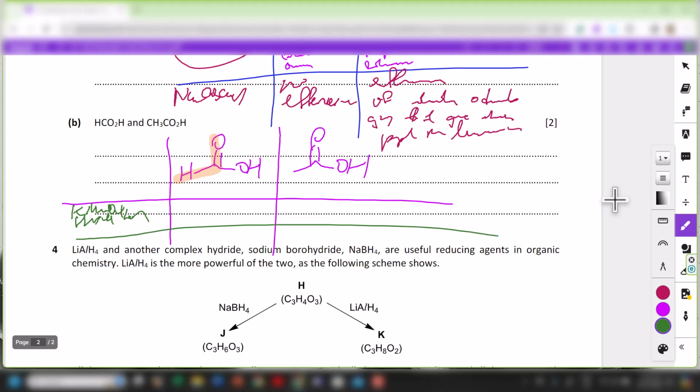Of course, heat in a water bath. I'm going to expect effervescence again of colorless, odorless gas that gives white precipitate in lime water, same as this. Then for the case of ethanoic acid, no effervescence of colorless, odorless gas.